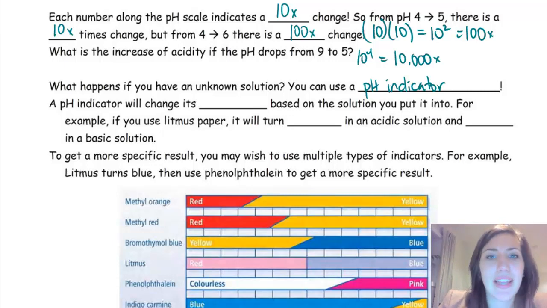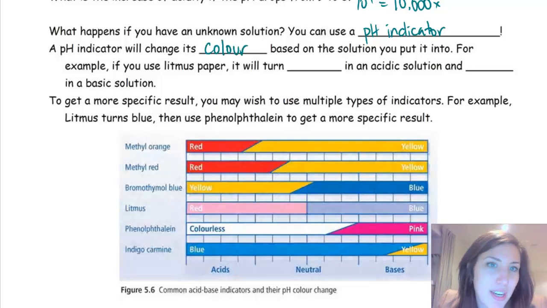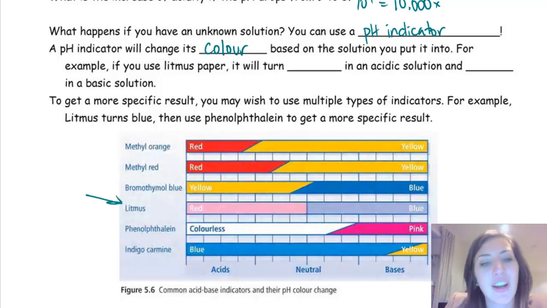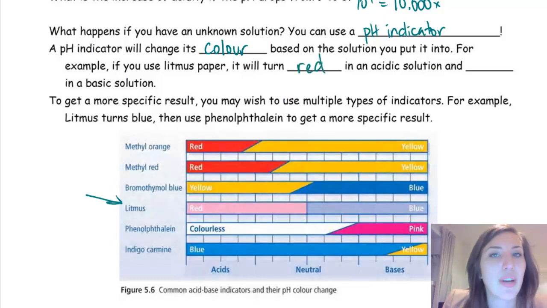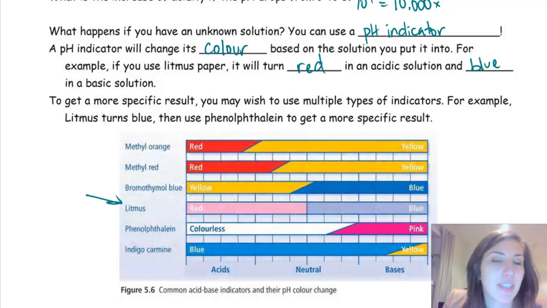So a pH indicator will change its color based on the solution that you put it into. So if you use something like litmus paper, you can see it in our figure 5.6 down here. If you use litmus paper, it will turn red if you put it into an acidic solution, for example, lemon juice, and it will turn blue if you stick it into oven cleaner, for example, which is a basic solution.